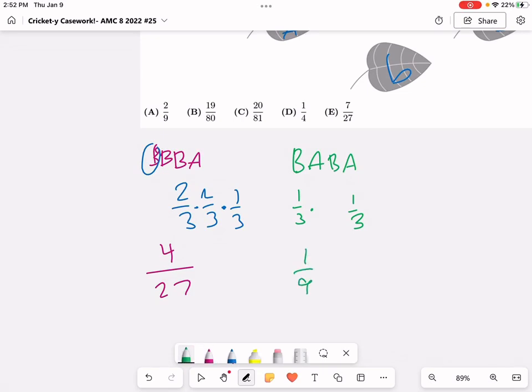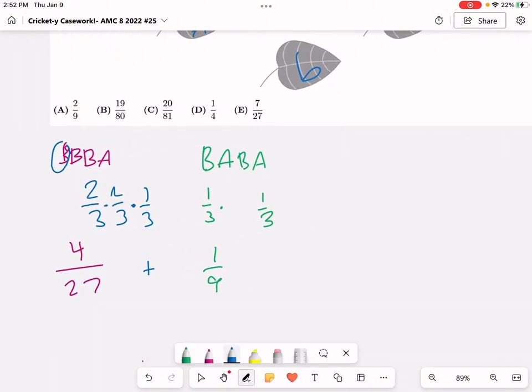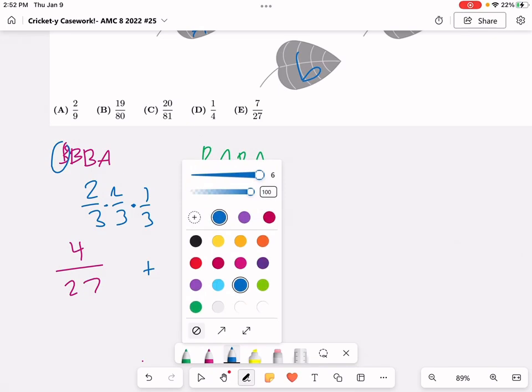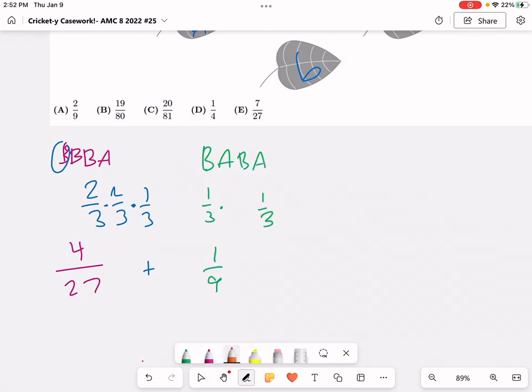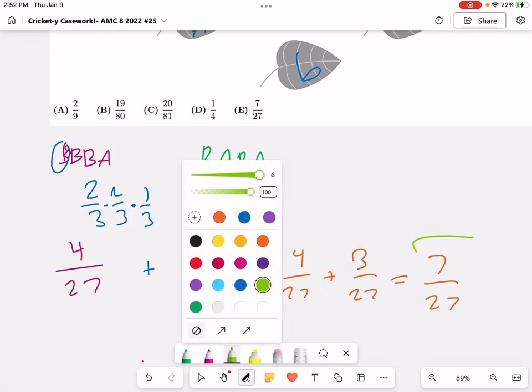And now we just need to add these. We just need to add the cases to get the total probability that works. This is the same thing as 4 over 27 plus 3 over 27, which is the same thing as 7 over 27. And that's the most simplified, so this is just going to be our answer.